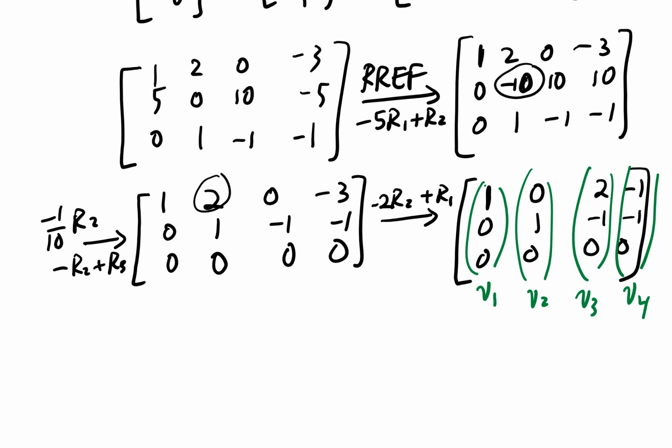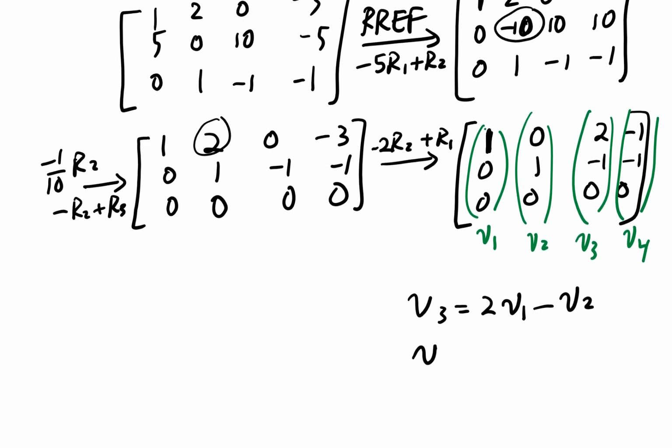They're not multiples or written as a linear combination of the other ones. But if I look at V3, V3 is basically 2 times V1 minus V2. So that would give me V3, right? How about V4? Can I write V4 as a linear combination of the other vectors? Well, yeah, there's a negative 1 on the top, so negative V1, and there's negative 1 again here. That's minus V2.